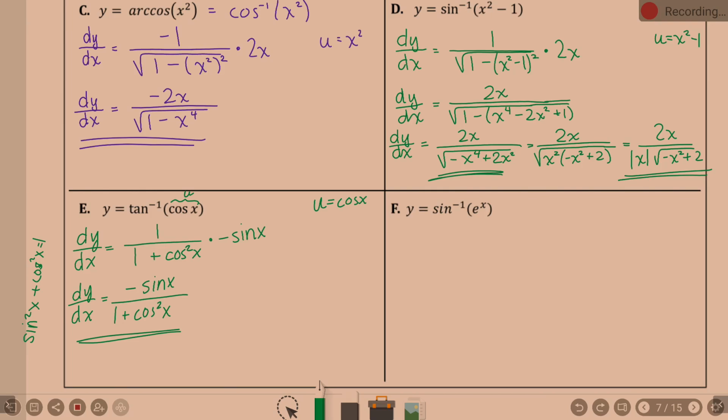Then it'd have to be a negative 1 plus cosine squared x. Exactly. One of these signs has to change on the 1 plus cosine squared x for the Pythagorean identity to work. Okay, so because this is 1 plus cosine squared x, I can't do anything fancy with sine and cosine, so we're just stopping there.